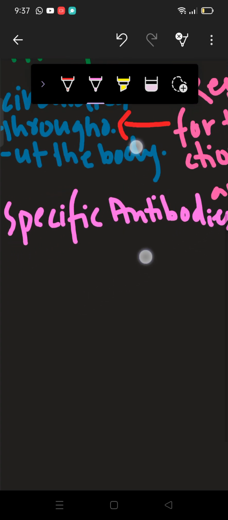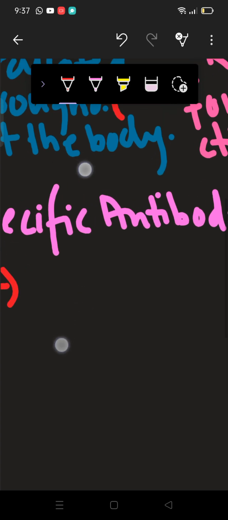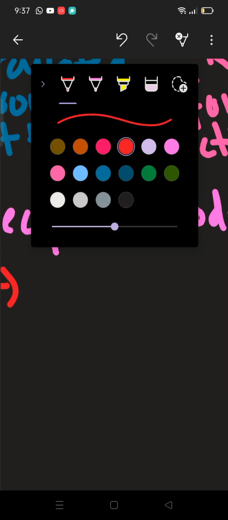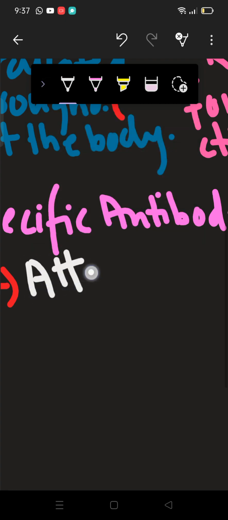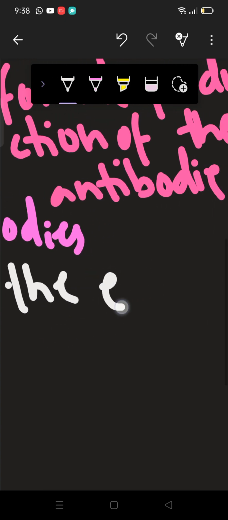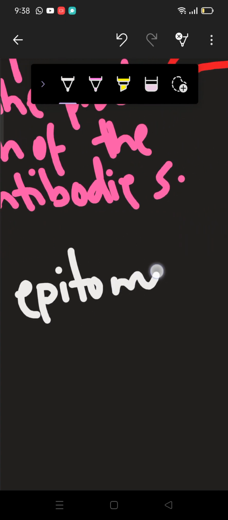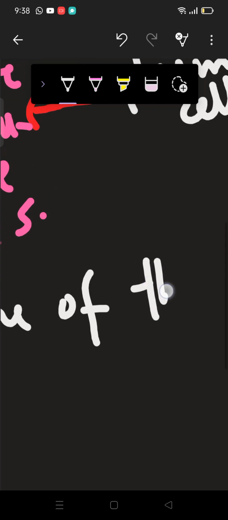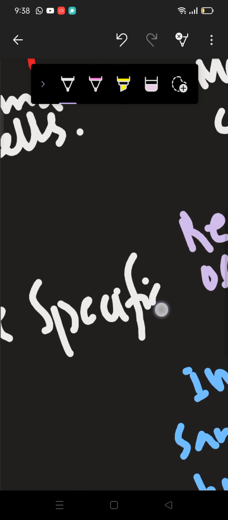They attach to the epitope of the specific antigen, not general but specific antigen, to kill the pathogen.